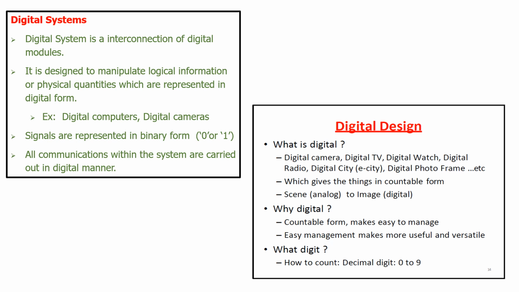Now, what is digital? Right now, you can see digital cameras, digital TV, digital watch, digital radio. All that you see gives things in countable form. For example, a scene which is in analog form, we are going to see in digital form.